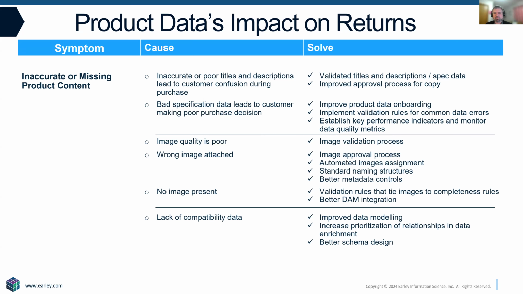But there's also understanding the prioritization of relationships. Just understanding that if you have a service parts business, ignoring that business from a PIM or a data perspective is going to limit your success. It's also going to breed returns inside of that service division. And then just better schema design.